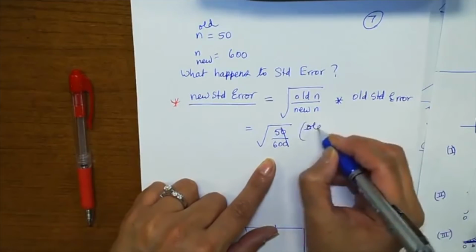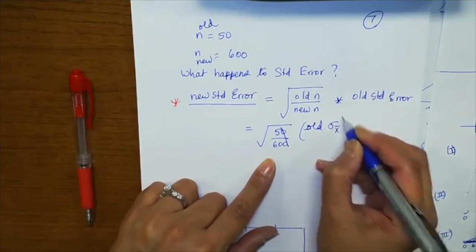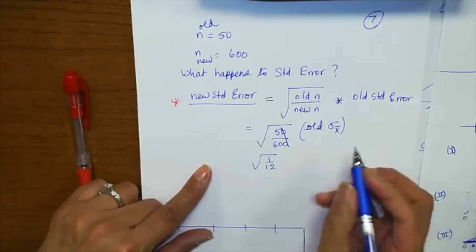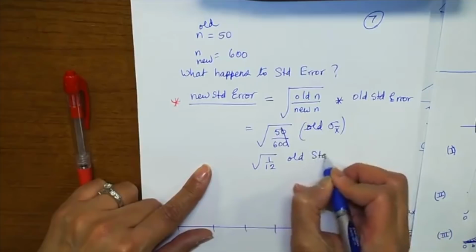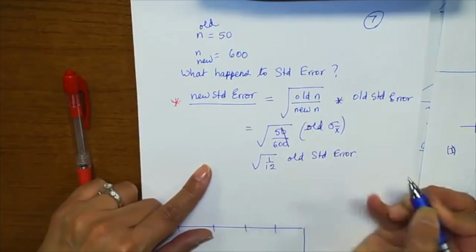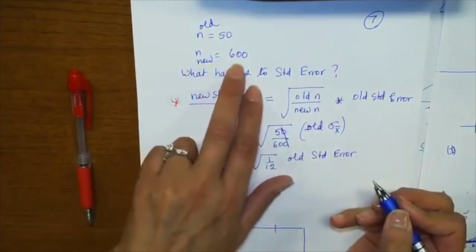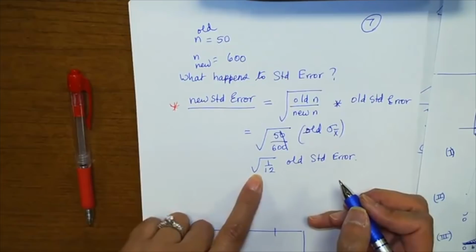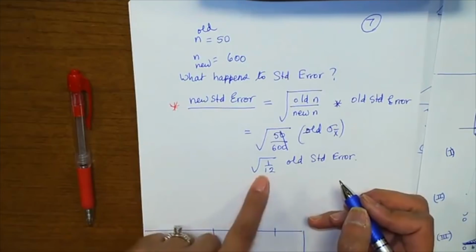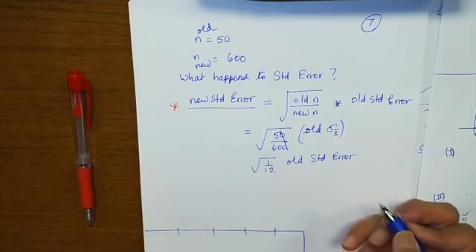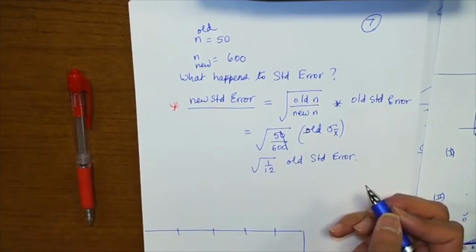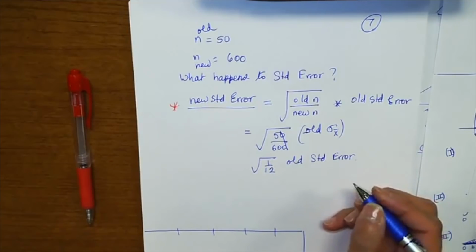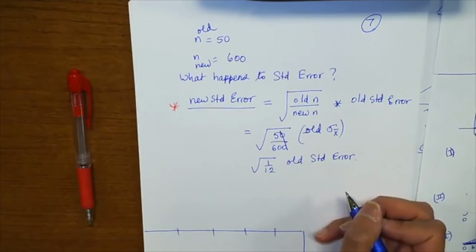Times old sigma x bar. So root 1/12 times the old standard error. So it's saying that if you make your n 12 times as big, then the standard error will be root 1/12 times the old standard error. And we put the words old standard error, there's no other number assigned to it. It is multiple choice.